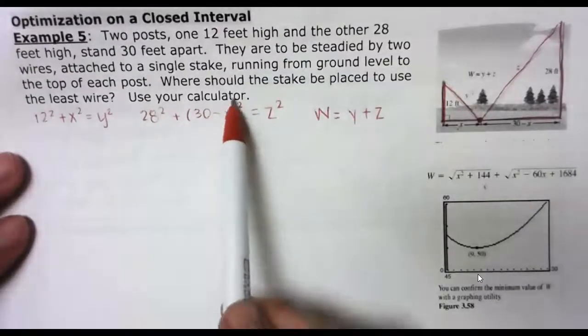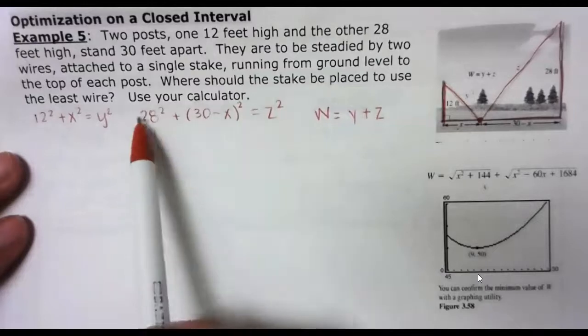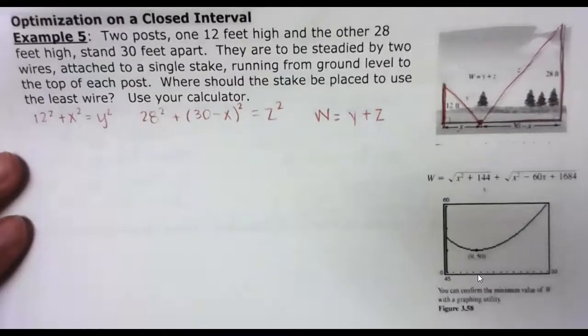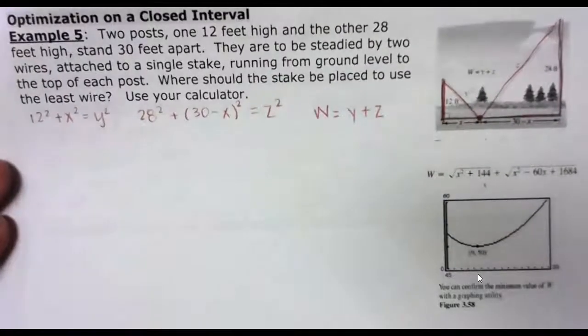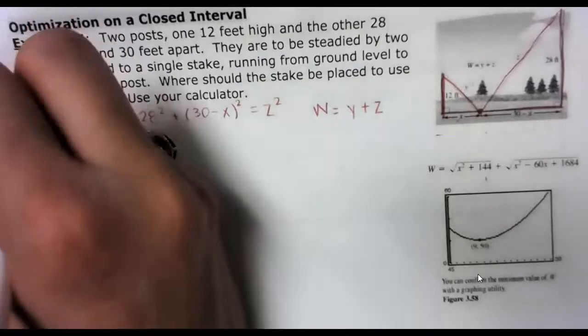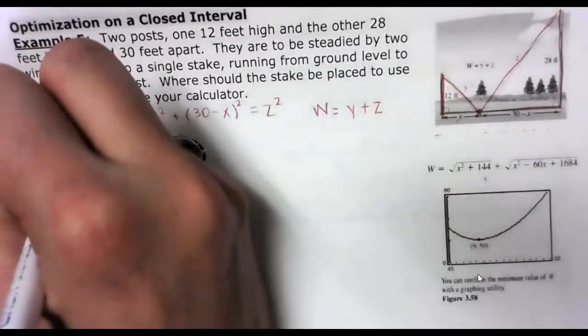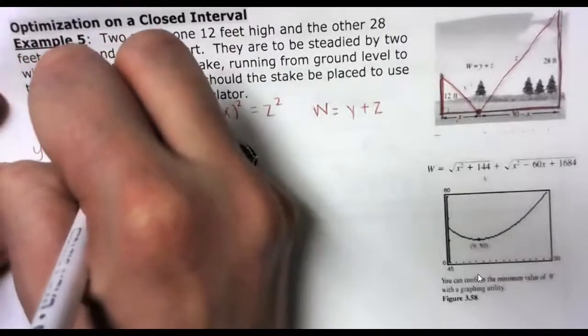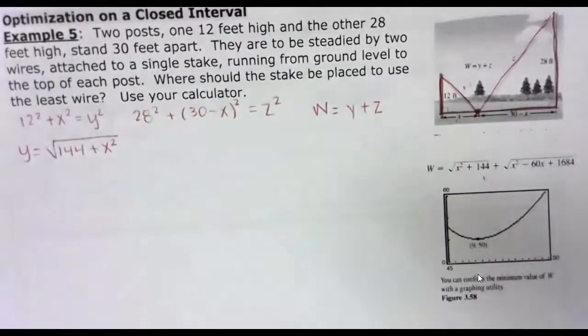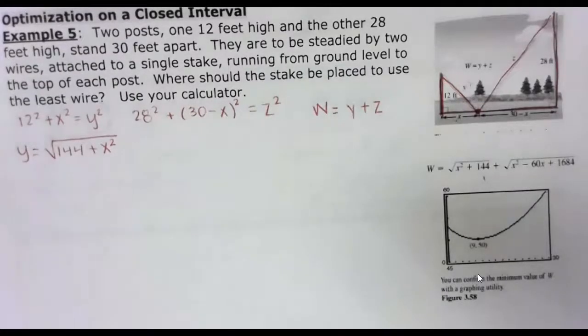So over here we can already see that we have multiple variables happening. So I would take my first equation and solve for Y, so that I get Y equals the square root of 144 plus X squared.